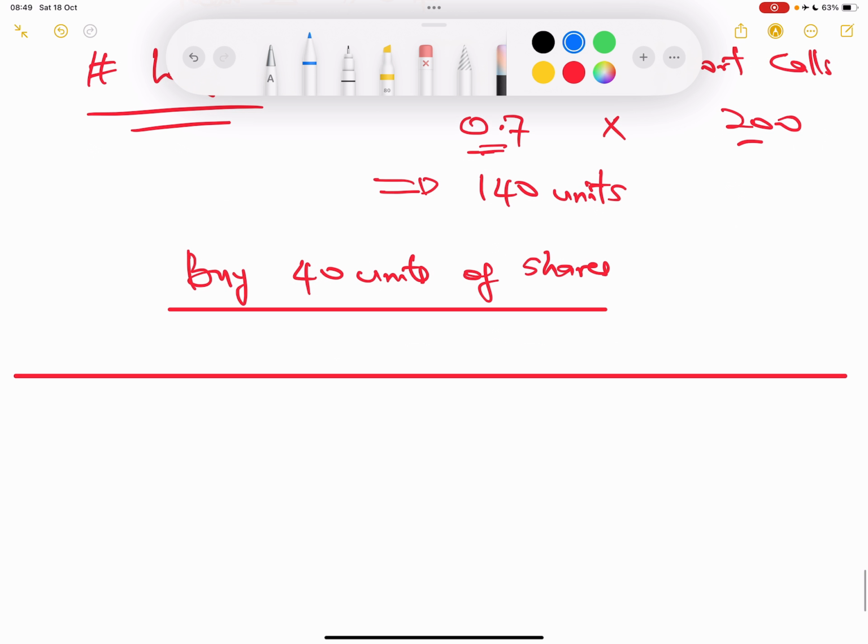Now, the other two that I'm going to touch on are much easier because I'm not going to be doing any calculation on them. And that is talking about gamma. Gamma is a bigger brother of delta because it measures the rate of change in delta when the underlying asset price is changing.